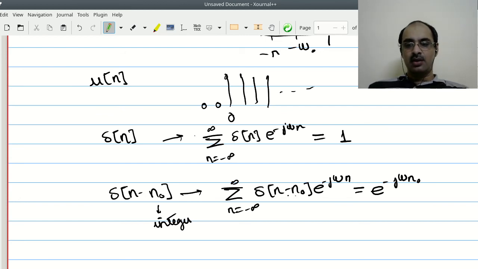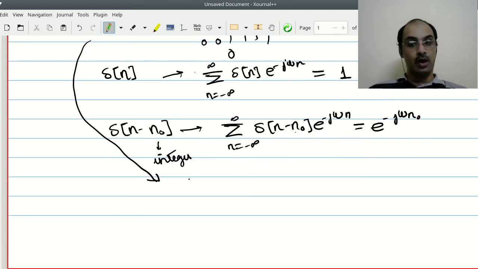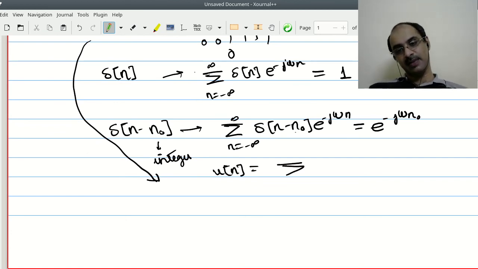Okay, great. So let's now use this to find the DTFT of u n. What do we get the DTFT of u n to be? We will use these ingredients. How do we express u n in terms of deltas? u n is actually summation k runs from 0 to infinity of delta of n minus k.